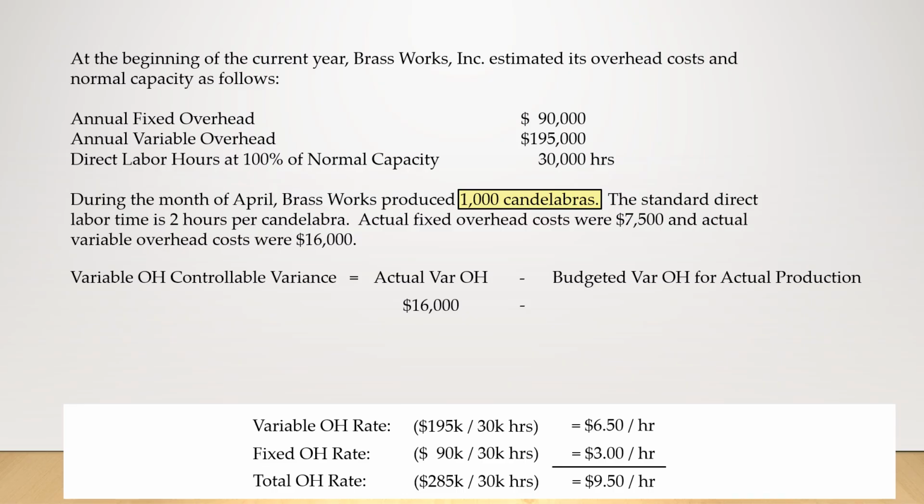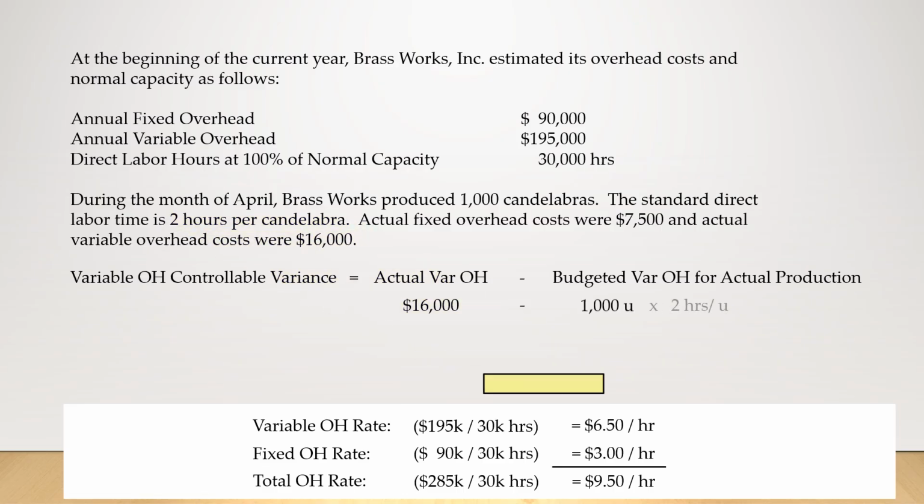To get the budgeted variable overhead for actual production, we start with the 1,000 candelabras produced for the month. Then multiply it by the standard rate of 2 hours per unit to get total hours that should have been spent in manufacturing.